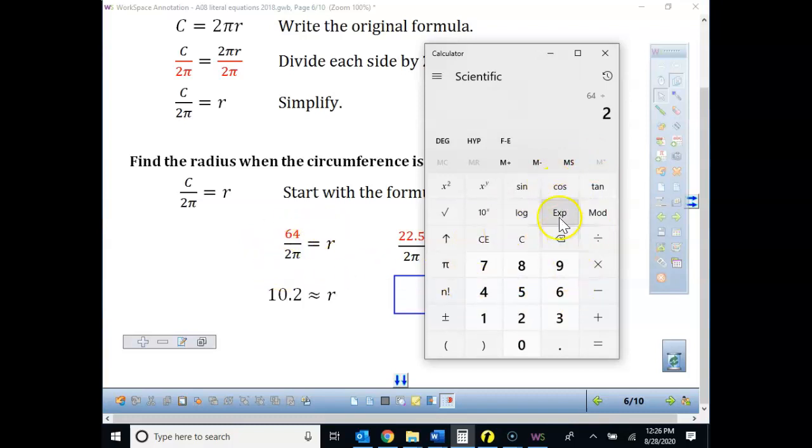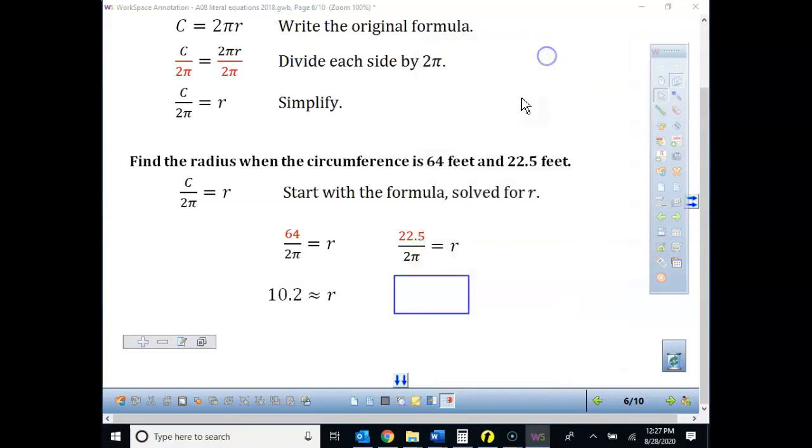If you wanted to use the 2, you really need to go back and clear that, and put in 64 divided by, and use parenthesis, 2 times pi, and close parenthesis. Then it gives me the same correct answer. So make sure you're putting these in your calculator correctly.